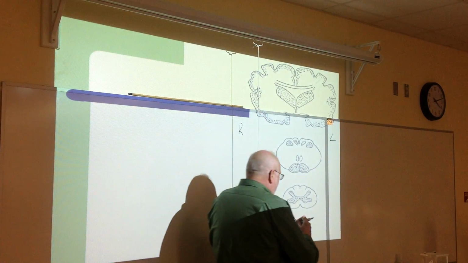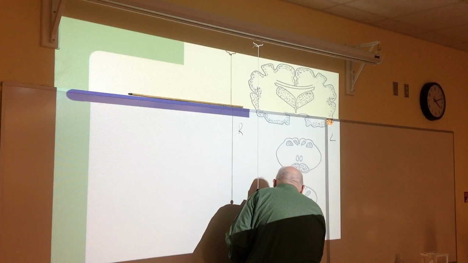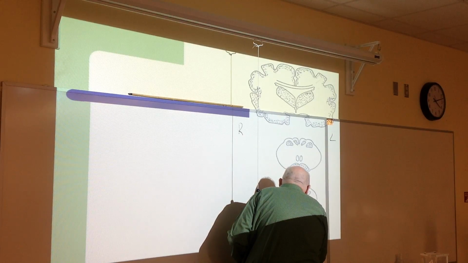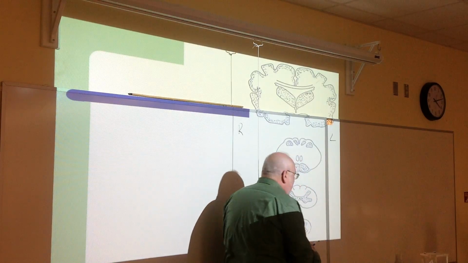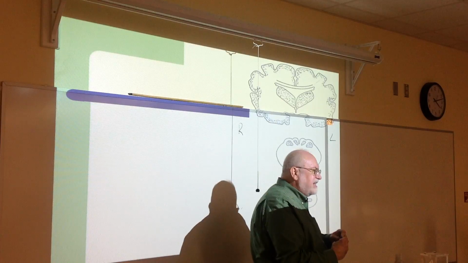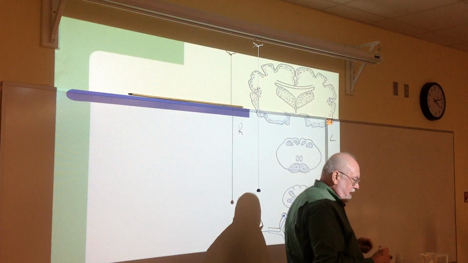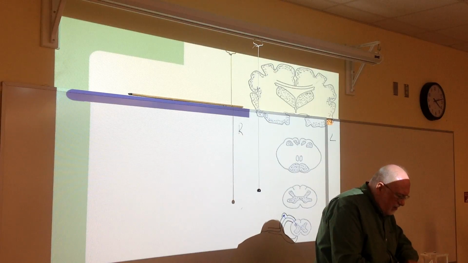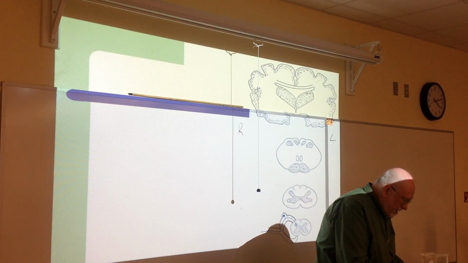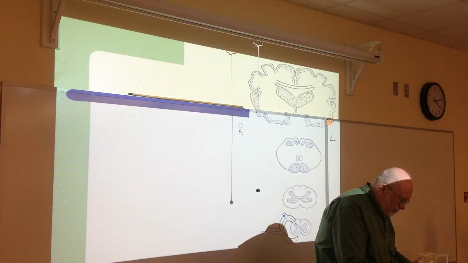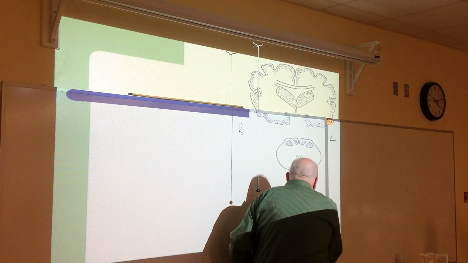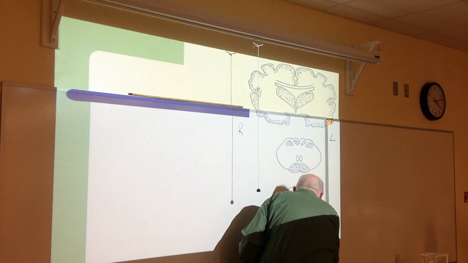All right. So here we go. A sensory neuron comes in with the cell body in the dorsal root ganglion. It synapses with the spinothalamic neuron here in the spinal cord. Cell body here.